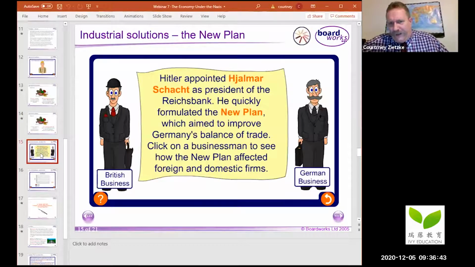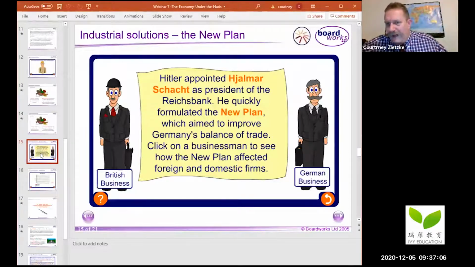Hitler appointed Hjalmar Schacht, the president of the Reichsbank, who quickly formulated a new plan which aimed to improve Germany's balance of trade. So what did he do? Well, I'm not going to get too much into economics, but what he did was pretty darn clever. He was importing food, but paying for it at a later date.